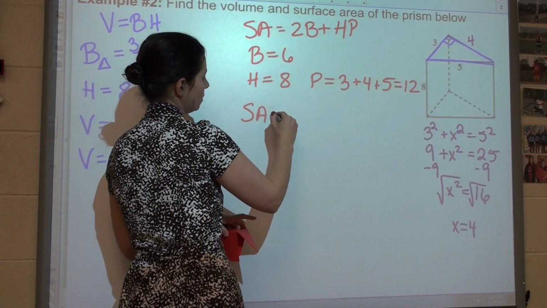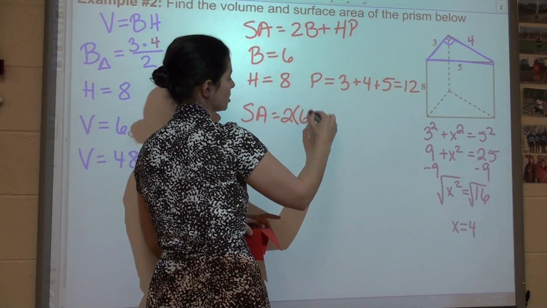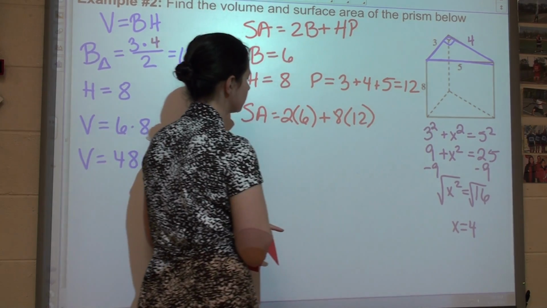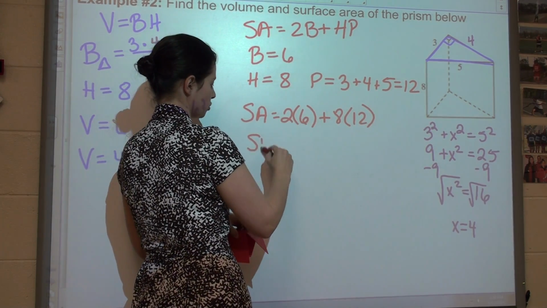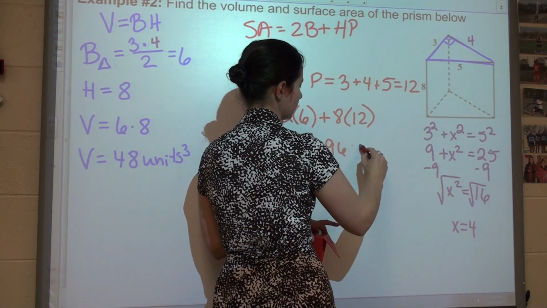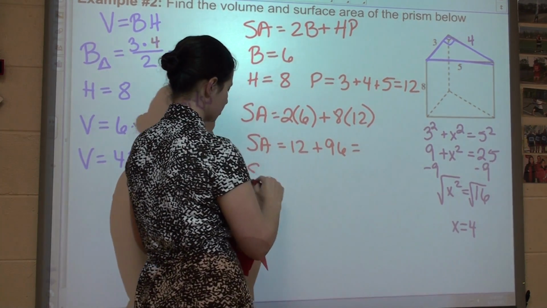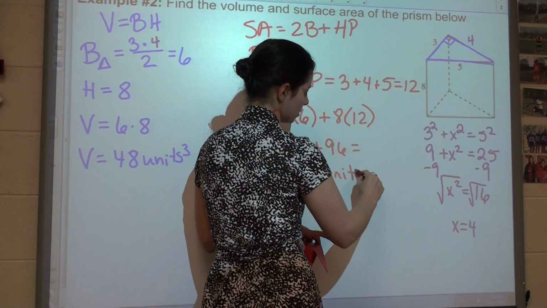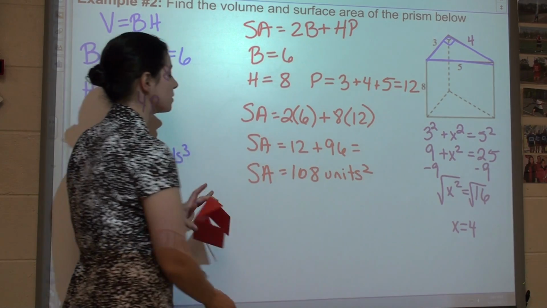So my surface area, we've got 2 times my base, which is 6, plus 8 times my perimeter of 12. 2 times 6 is 12. 8 times 12 is 96, which when I add those up is going to give me 108 units squared. Remember, area is always in units squared.